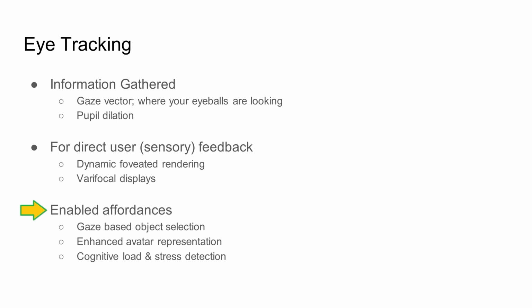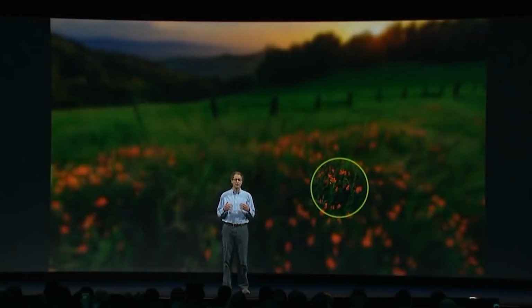But we can also use eye tracking information to enable and enhance quote-unquote sensory hacks. So one really favorite thing of mine is dynamic foveated rendering. Now, we talked about foveated rendering, and just as a reminder, it's where we render the graphics in the middle of our vision at full resolution.